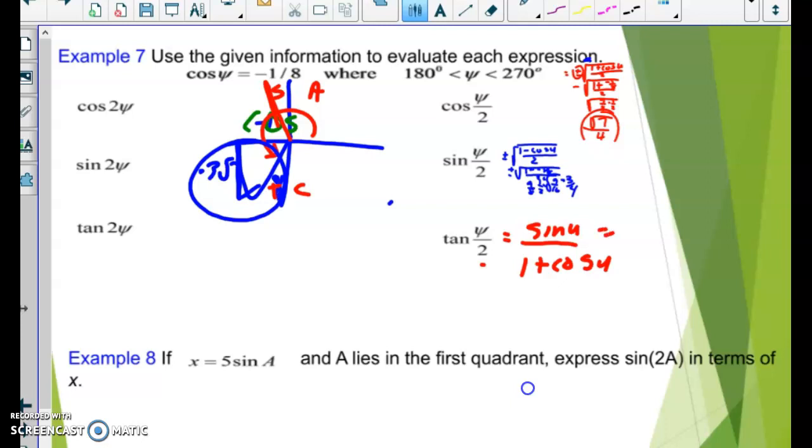So I'm going to say negative 1/8 divided by 1 plus the cosine of that angle. We already know the opposite is negative 3 root 7 on top there.